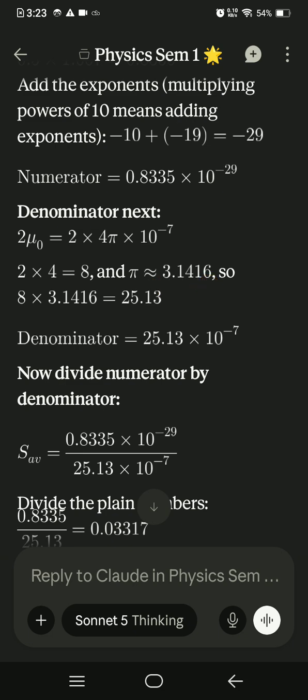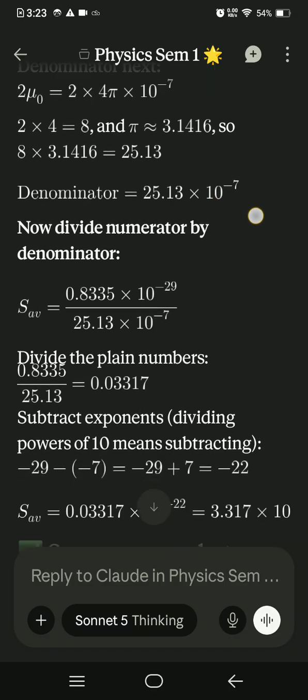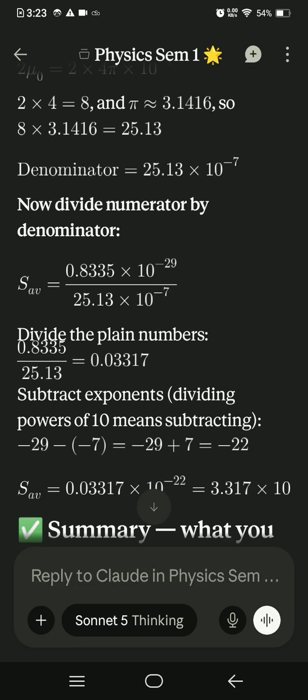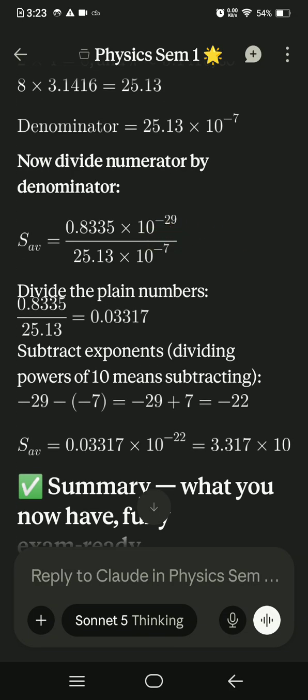Pi is a value we are going to approximate. Now 2 times 4 equals 8, and 8 times pi gives 25.13 times 10 to the power minus 7. So minus 7 becomes plus 7, and this becomes minus 22. We divide these two plain numbers, we get this.